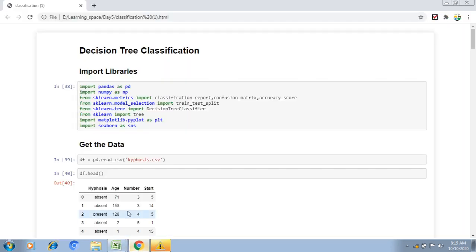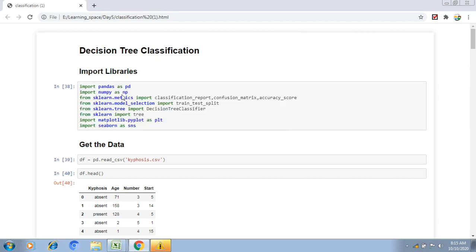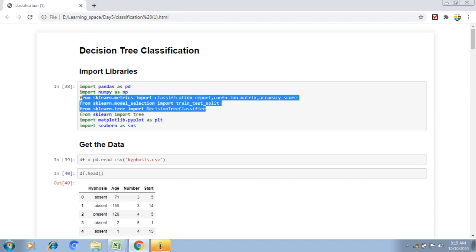Similarly, we can apply the decision tree classification algorithm using Jupyter Lab. These are the libraries I am importing to work on my project. Pandas is used to access the CSV file, and numpy is for arrays. The sklearn imports are used for training, splitting, and accuracy calculations.